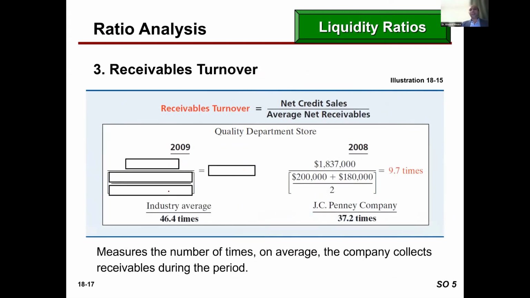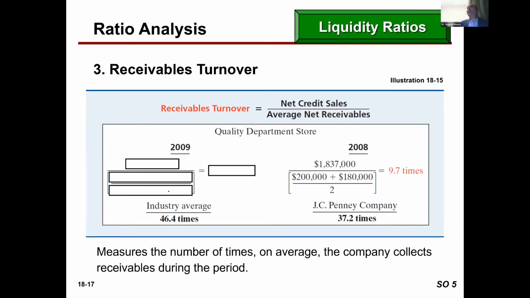What about receivable turnover? Receivable turnover measures how many times you sell on account and the customers pay you. For example, if you have a medicine store and you sell your medicine to pharmacies on account, or you are a pharmaceutical company selling medicine on account, or a pharmacy selling medicine to hospitals on account, and they pay you later.